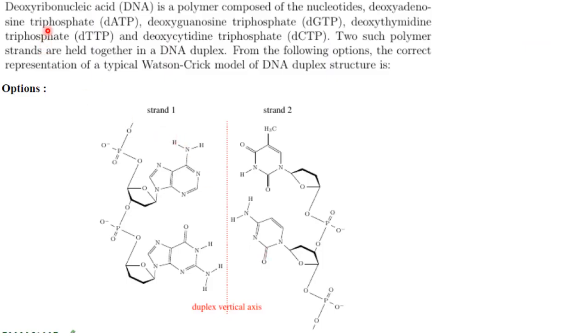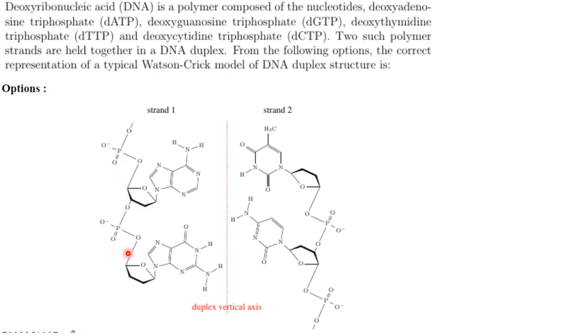Then next one. Deoxyribonucleic acid is a polymer composed of the nucleotides deoxyadenosine triphosphate, deoxyguanosine triphosphate, deoxythymidine triphosphate and deoxycytidine triphosphate. Two such polymer strands are held together in a DNA duplex. From the following options, the correct representation of the typical Watson-Crick model of the DNA duplex structure is... So as per the Watson-Crick model, the nucleotides of the DNA are joined in a polynucleotide strand by phosphodiester bonds that connect the 3' carbon atom of one nucleotide to the 5' phosphate group of the next.